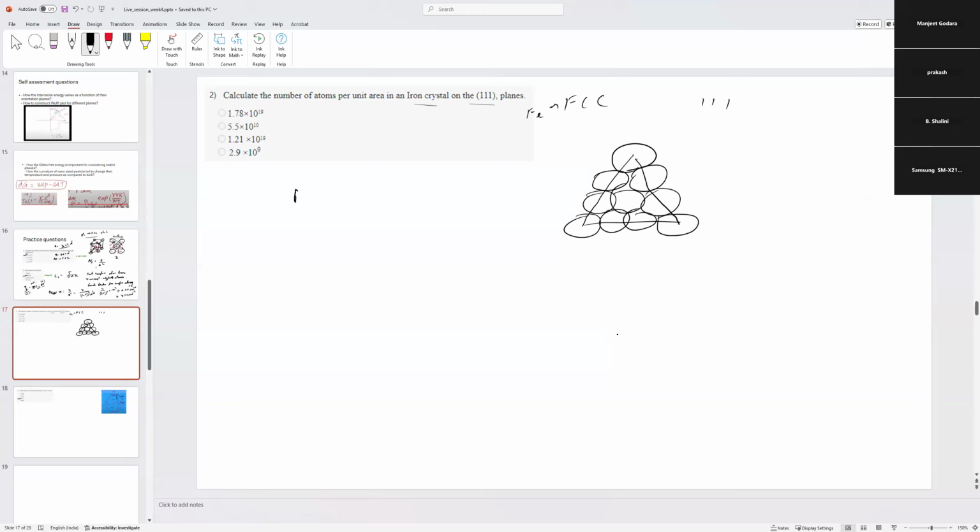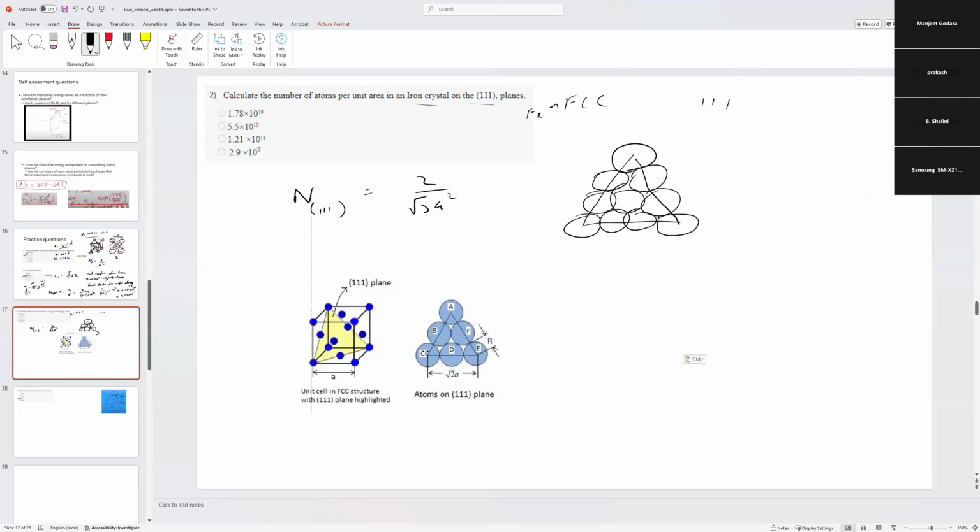Planar density comes out to be 2 over root 3 a squared, for FCC.